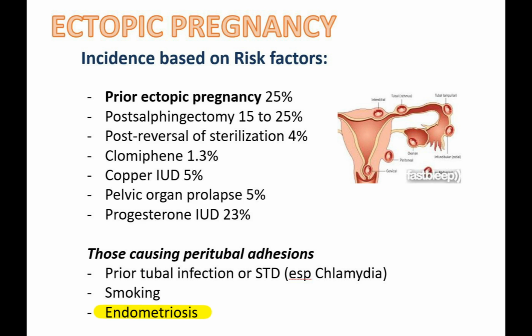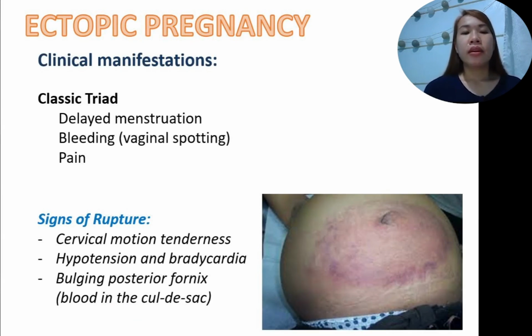So when you say endometriosis, class, this is the implantation or growth of the endometrial tissue outside the uterus. So for example, there might be endometrial tissue in the fallopian tube or in the ovary. We call that endometriosis. And if a woman has this, she may also develop ectopic pregnancy.